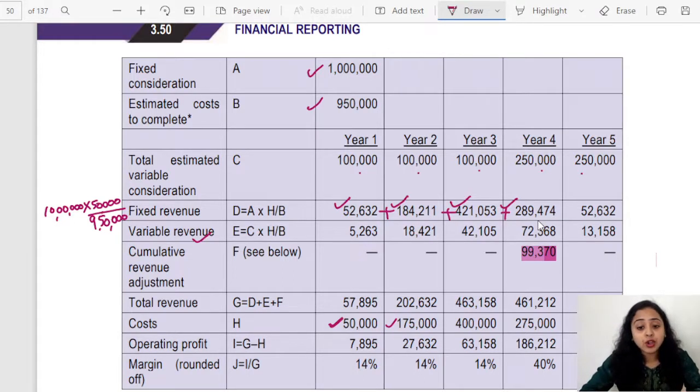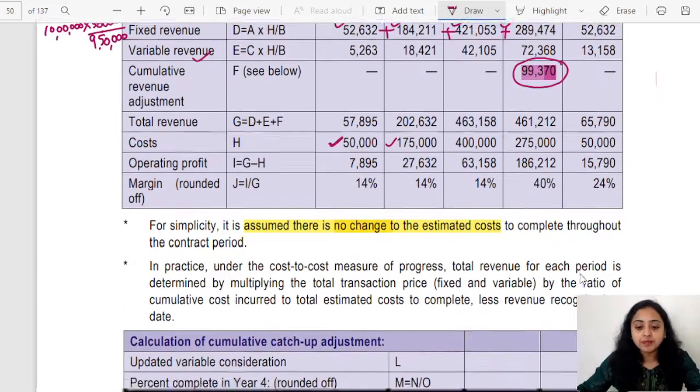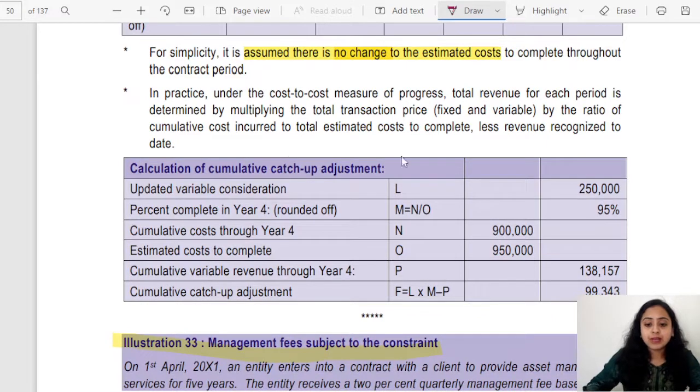And now if you talk about the variable consideration, it should have been recorded this much. The difference is this 99,370.